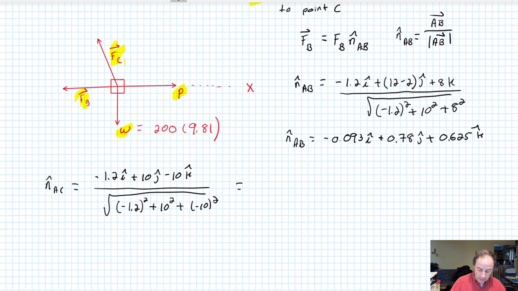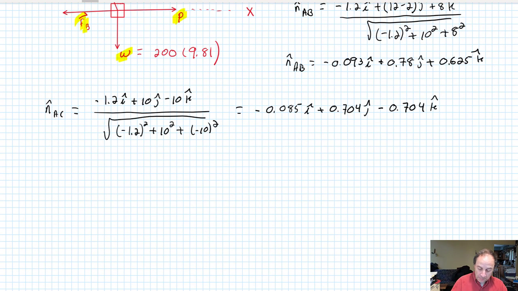That yields minus 0.085 i plus 0.704 j minus 0.704 k.